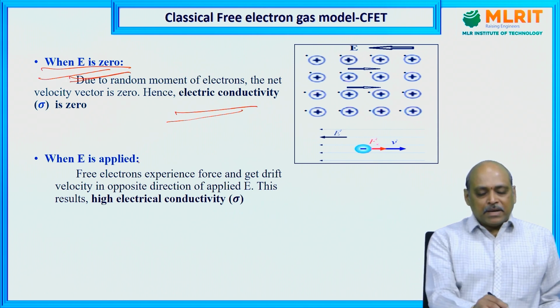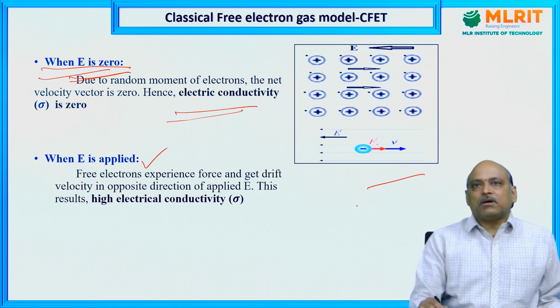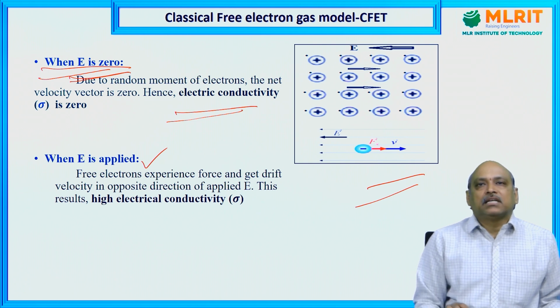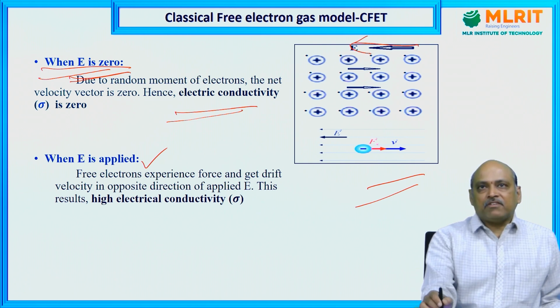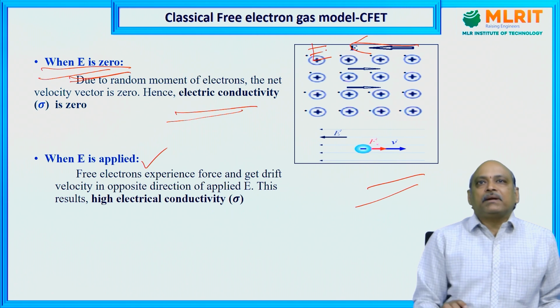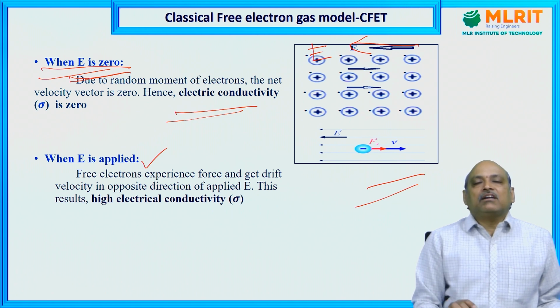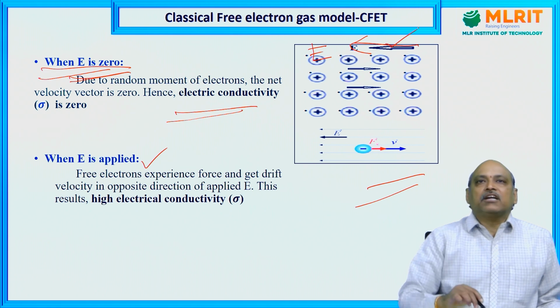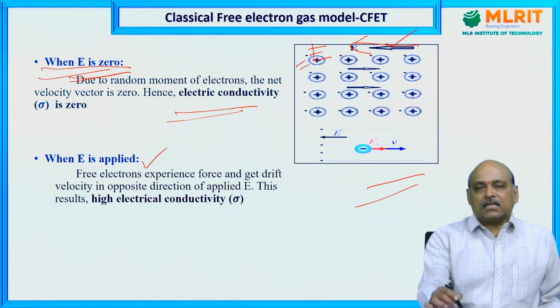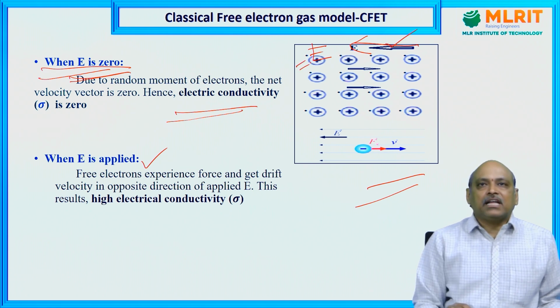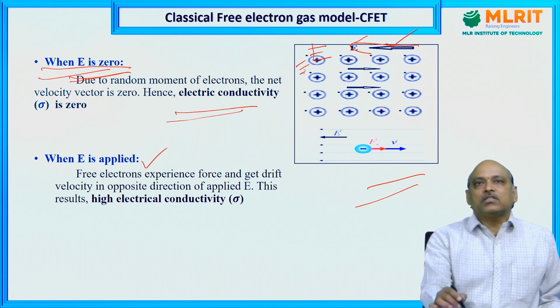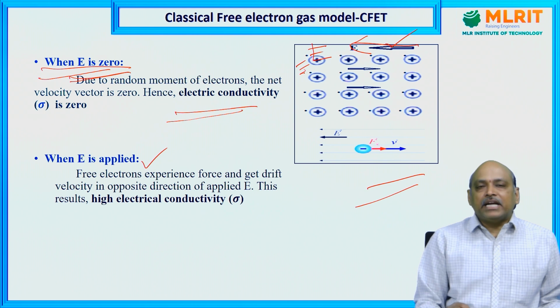Now, this diagram shows how the free electrons move from one place to another when you apply an electric field. I am applying the electric field in this direction, from right to left. Due to the applied electric field, the free electrons will experience a force and start moving from one end to another.